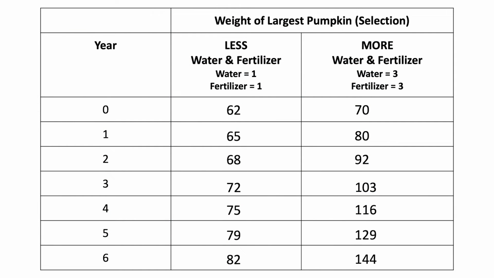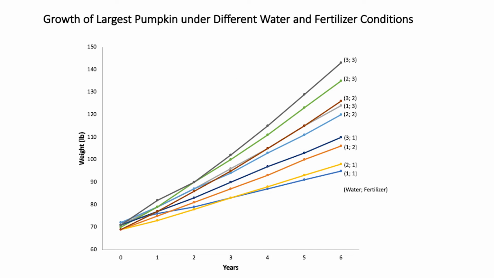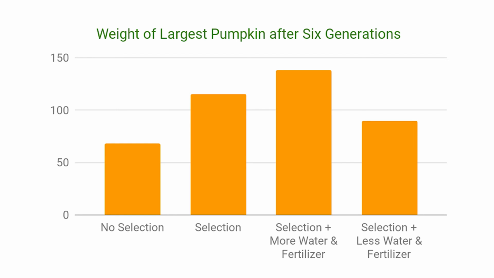Then students can compare how the environment factor, here water and fertilizer, affects the pumpkin growth. You can have students try different water and fertilizer levels. You can also have students try no selection. Students can even do more sophisticated analysis to see how selection and environment factors influence pumpkin growth together.